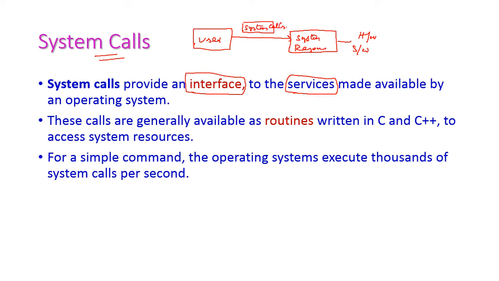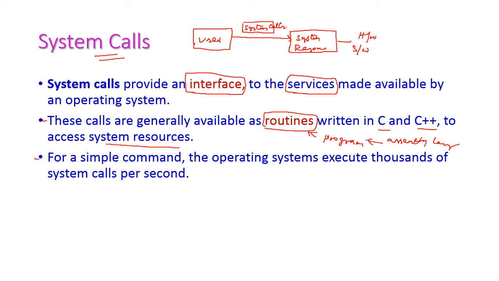Okay, and these system calls are available as routines. This is nothing but a program, which will be written in either C language or C++ language. Sometimes it may be in assembly language also, to access lower level information or other system resources.